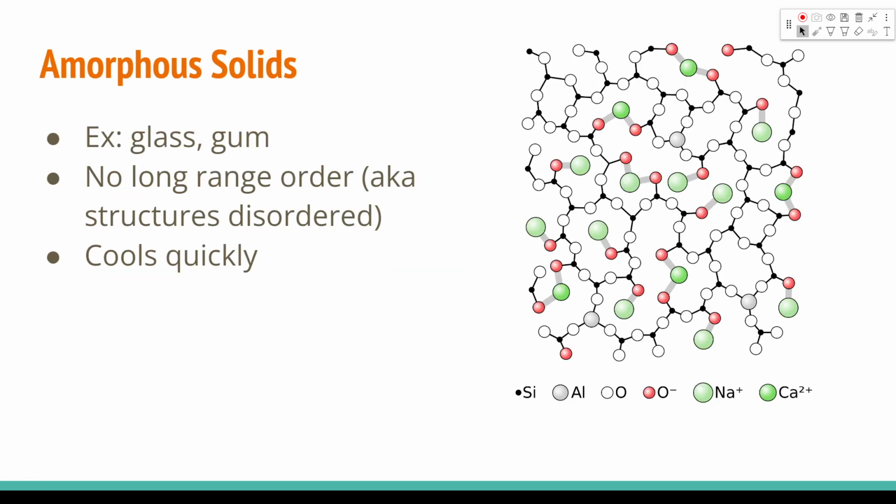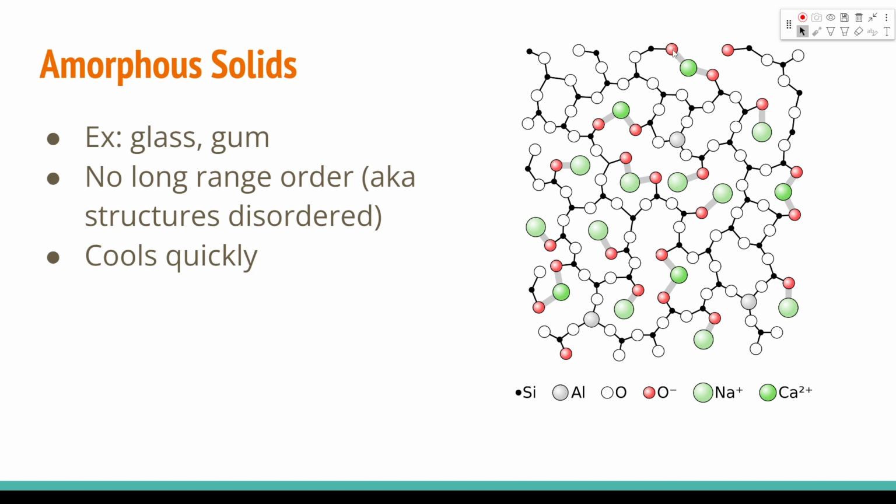This is a random thing that I've seen mentioned once or twice from College Board, so I figured I'd introduce it. Amorphous solids are things that don't have an order. Their structure is disordered. Here's an example of glass, and you can see that glass is made of covalent bonds, like between oxygen and silicon.